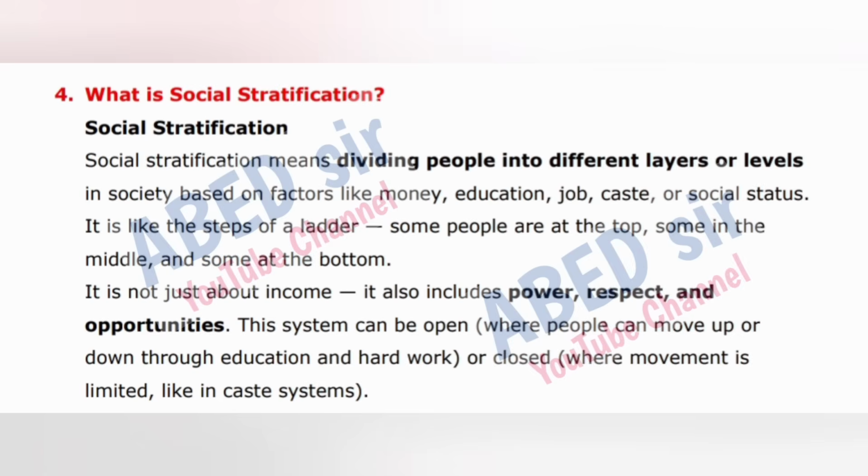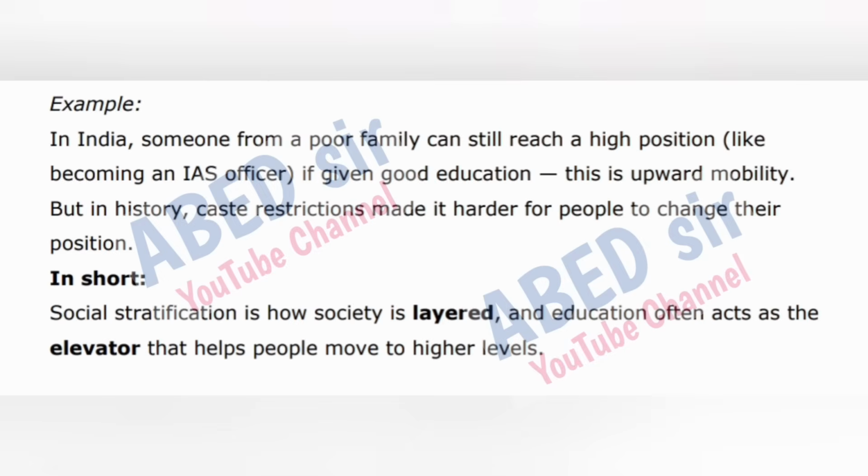This system can be open, where people can move up or down through education and hard work, or closed, where movement is limited, like in caste systems. Example: in India, someone from a poor family can still reach a high position, like becoming an IAS officer, if given good education.